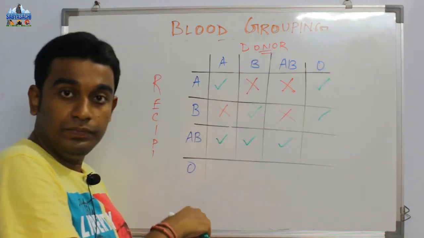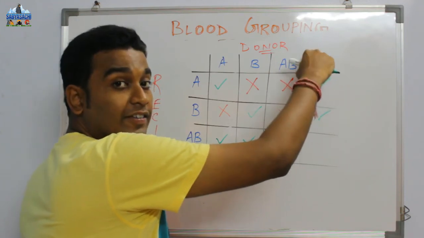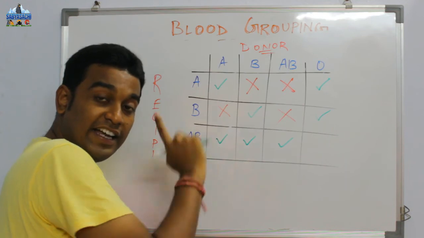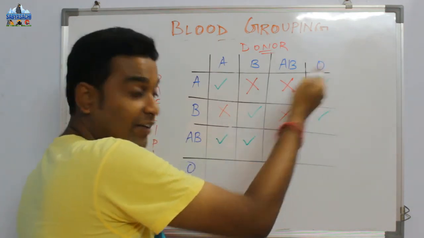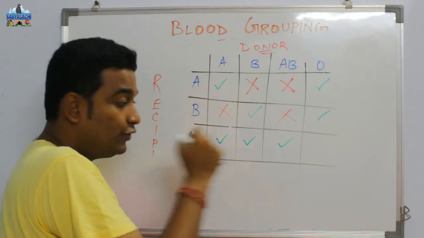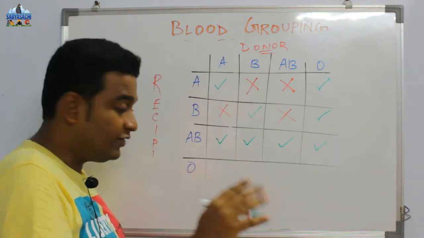O blood group, no antigen on the surface, no antibody on the plasma. Again I am saying, no antigen on the surface of the red blood cells, no antibody on the plasma of this blood, so it is safe again. I hope that makes sense.